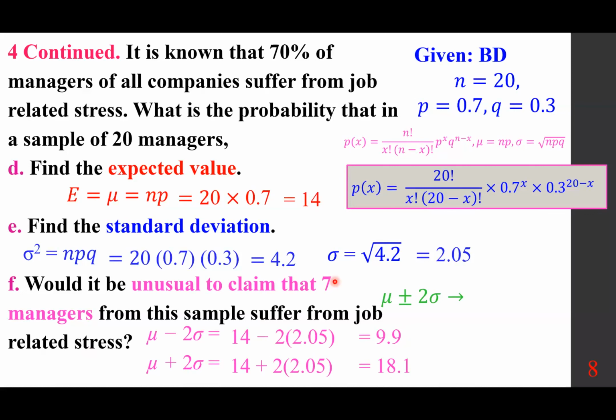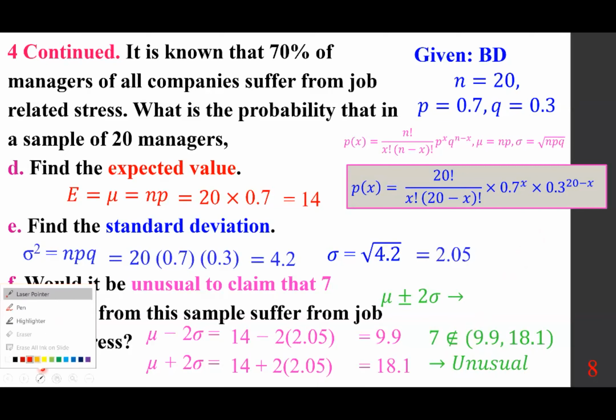Is number 7 in between? If the answer is yes, it's usual, because the usual is from 9.9 to 18.1. Otherwise, it's unusual. And it's unusual because 7 is not an element of that. This notation that looks like an epsilon is an element. This notation means not an element.